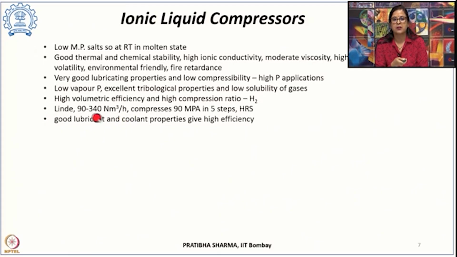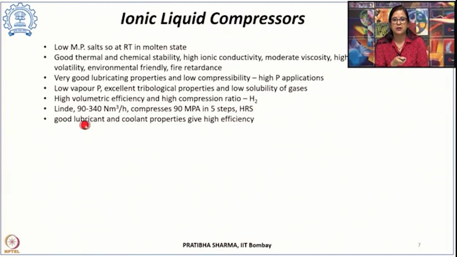And these compressors have been supplied for various hydrogen refueling stations, where they are used for compressing hydrogen to the required pressure for FCEVs, for filling the vehicle tanks, and for various other storage vessels.